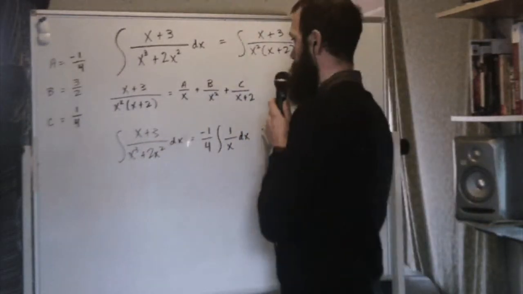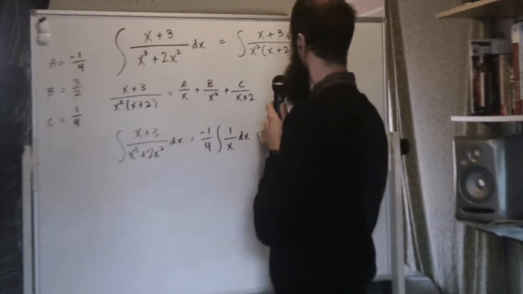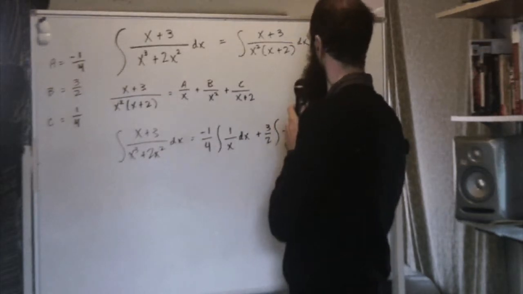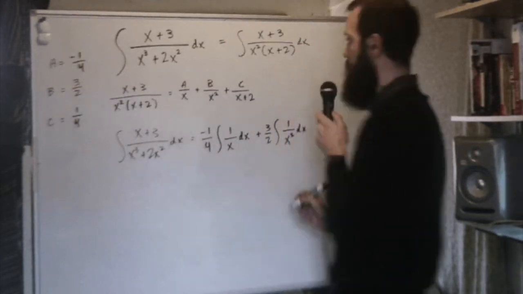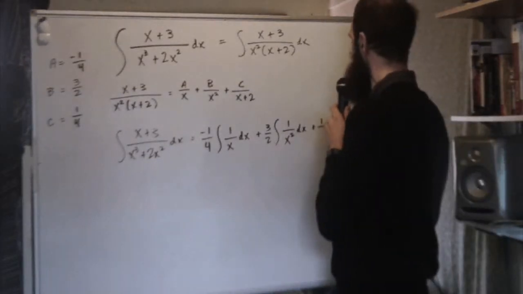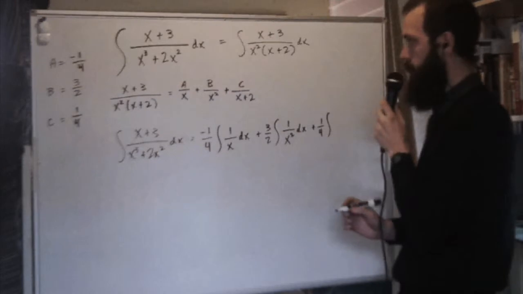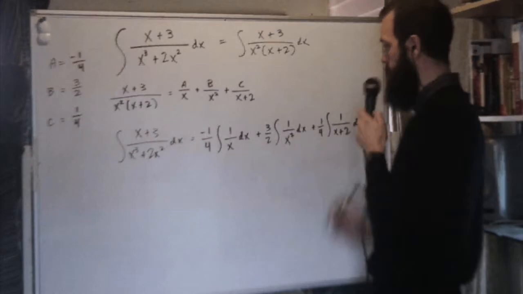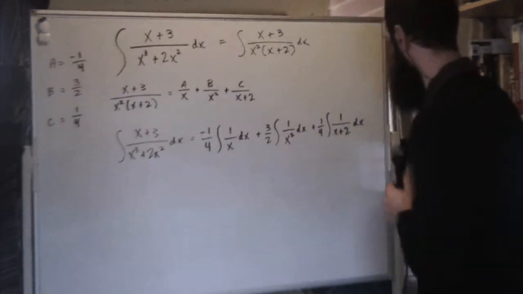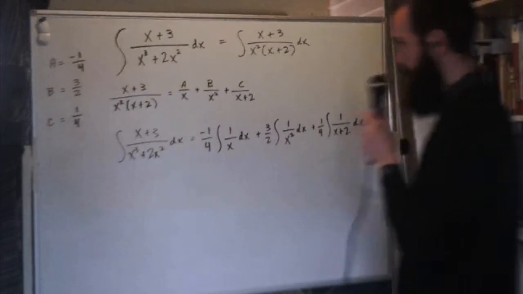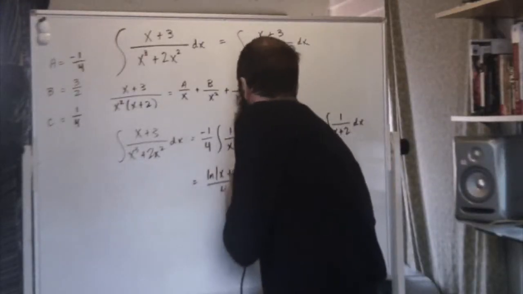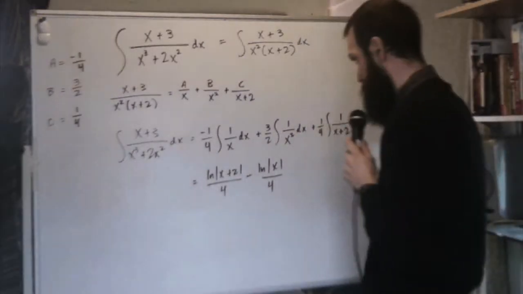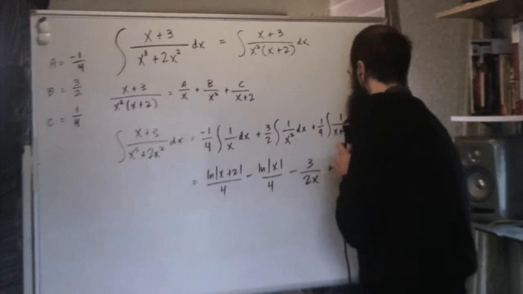I'll do the same with b. b equals 3/2 times the integral of 1 over x squared. Lastly, c equals 1/4 times the integral of 1 over x plus 2 dx. Great, easy enough to solve, no? I'm rearranging a bit just to lead with a positive. Minus 3 over 2x. Plus c.